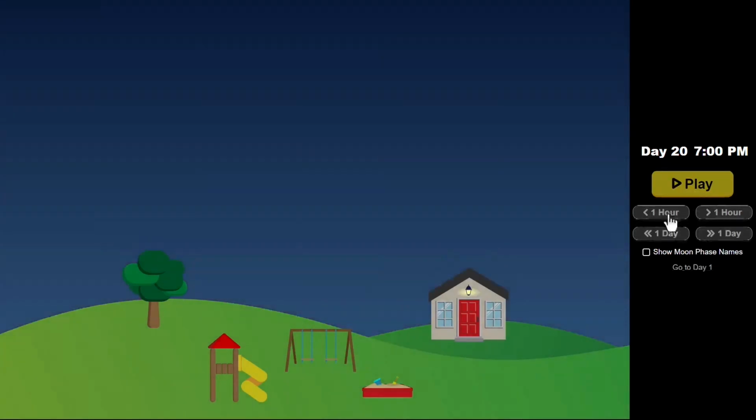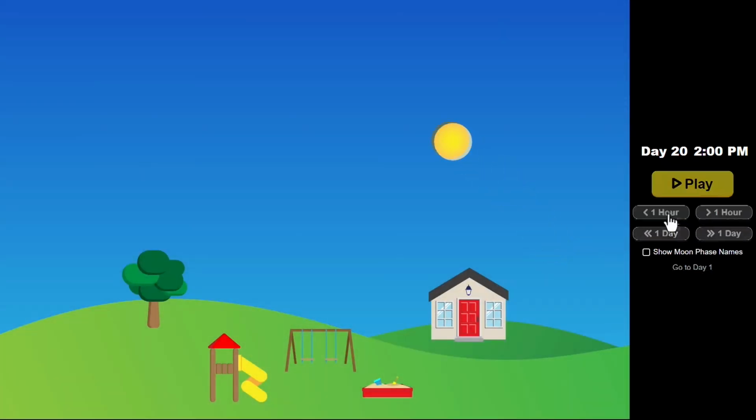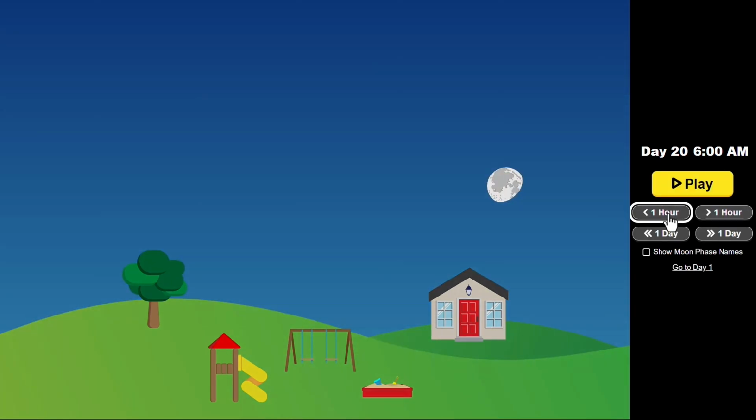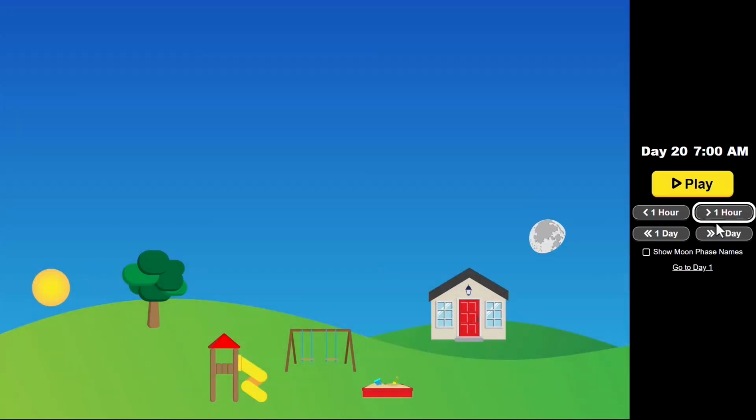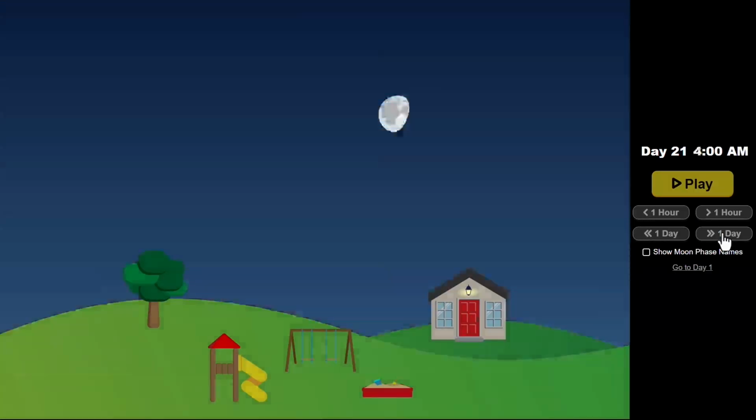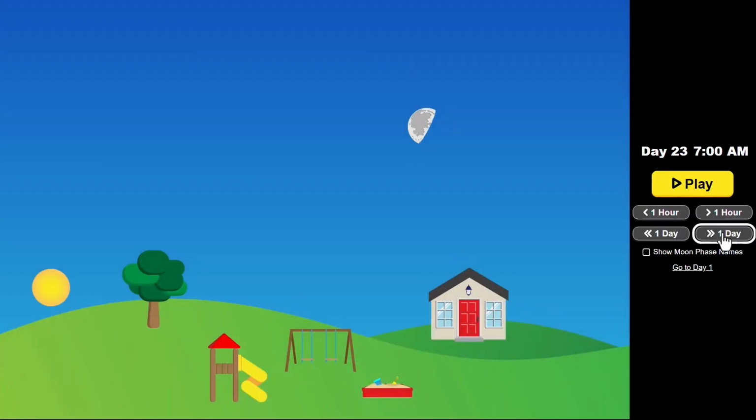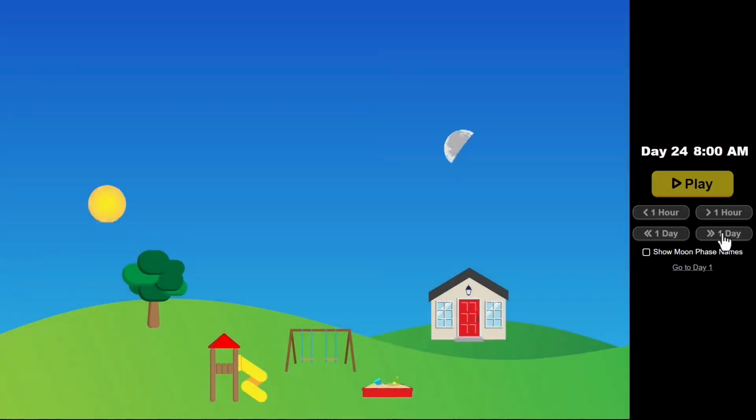Let's come to the morning again. Let's observe the morning. While the sun is rising, the moon will be setting. Slowly, it's coming closer and closer to the sun. Earlier, it was going farther away from the sun every instant.